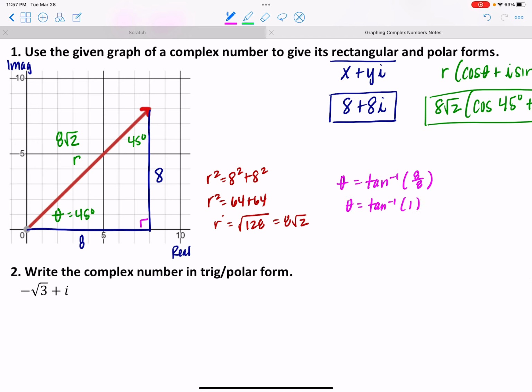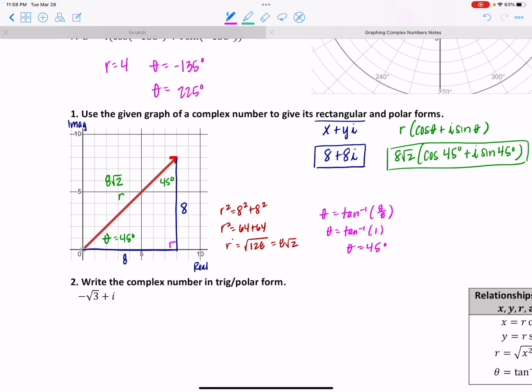We're looking for an angle where the tangent is equal to 1, and that happens at our 45-degree angles. Now it's got to be positive. Technically that happens in quadrant 1 or quadrant 3, but we can see clearly here we are in quadrant 1, and so again that leads us to a theta of 45 degrees. So if we needed to do the work, we absolutely could, but hopefully when your picture gives you enough information, you can avoid some of that work.